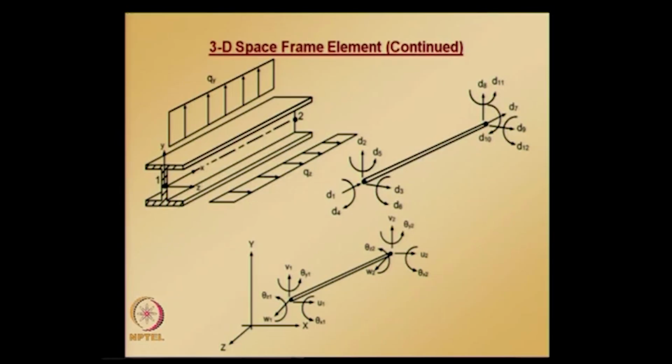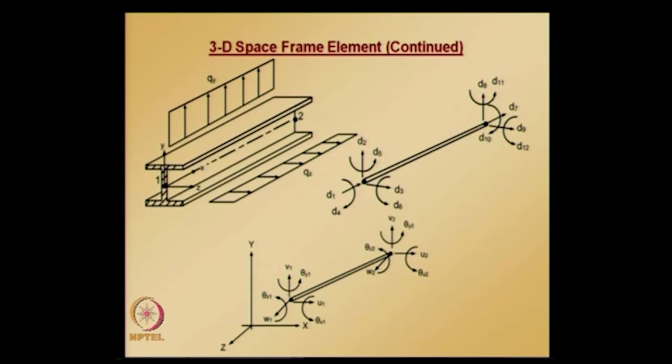So now we need to know what is the relation between these D's, that is D1 to D12, and what is the relationship between that vector and u1, v1, w1, theta x1, theta y1, theta z1 and u2, v2, w2, theta x2, theta y2, theta z2 put together in a vector form.